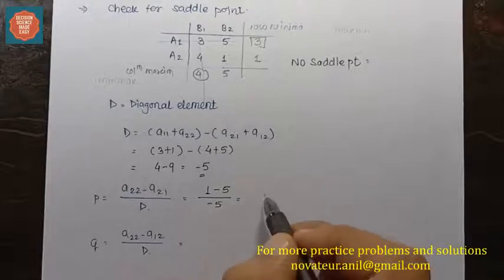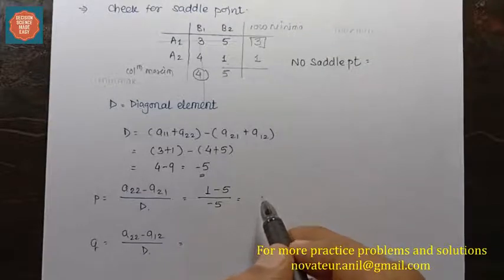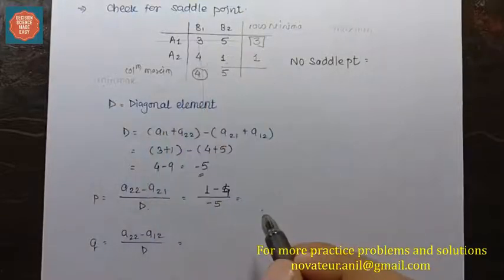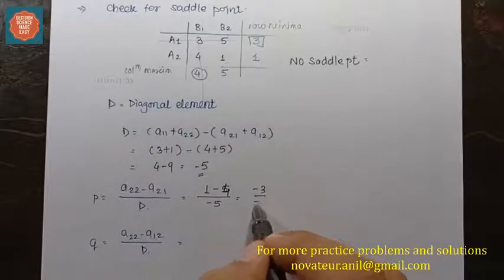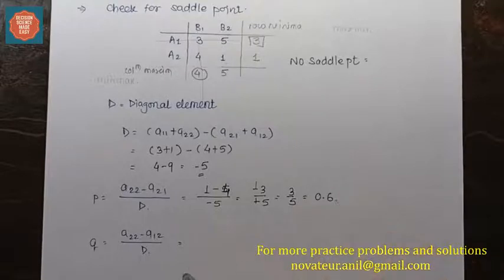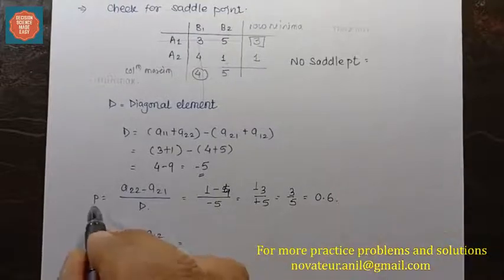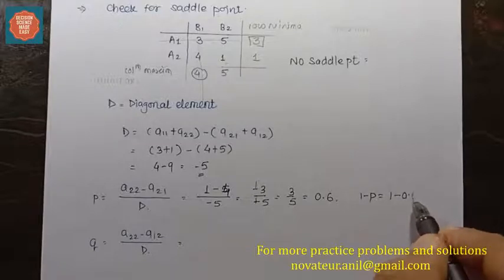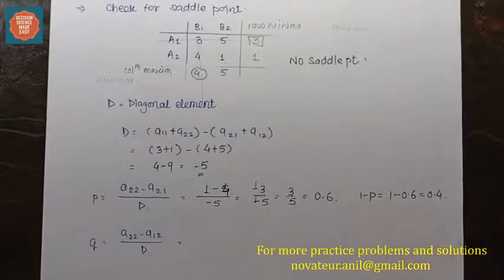So this is 1 minus 4, divided by minus 5. This is nothing but minus 3 divided by minus 5. The minus signs get cancelled. This is nothing but 3 by 5, that is 0.6. And since P is 0.6, 1 minus P is 1 minus 0.6, which is equal to 0.4.